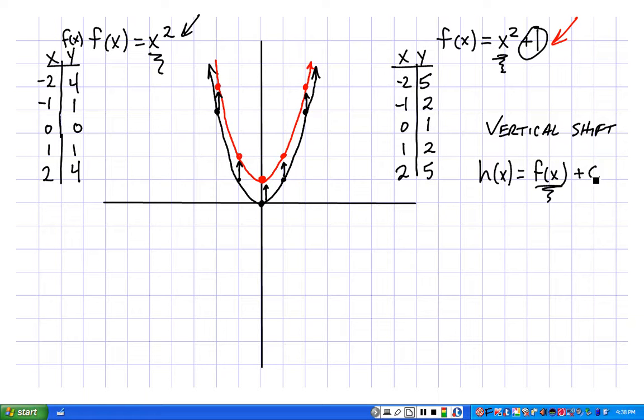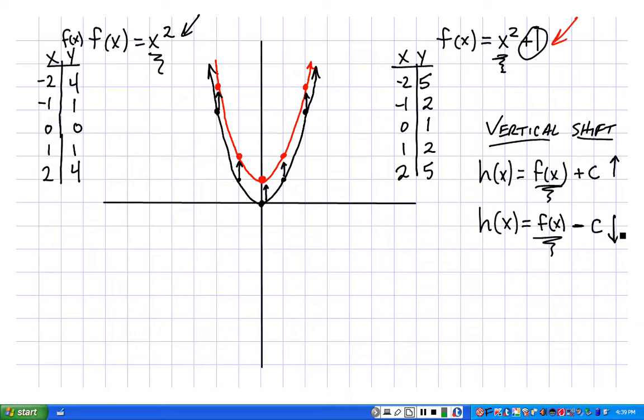Alright, and that would yield a vertical shift upwards. Now, still talking about vertical shift, if in contrast we had some function equal to our parent function minus some constant, then that would yield a vertical shift downward.